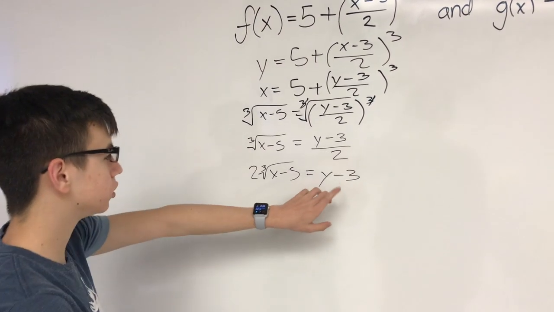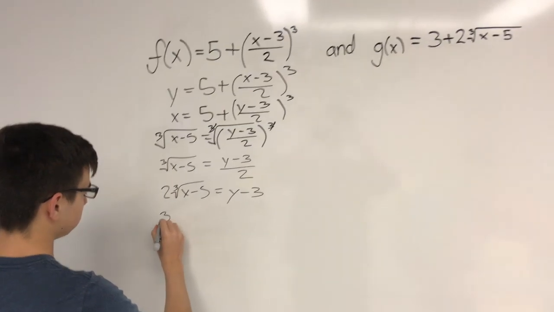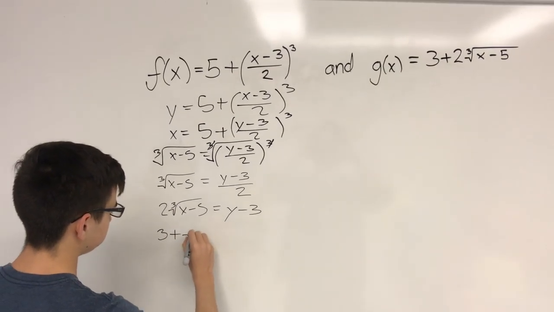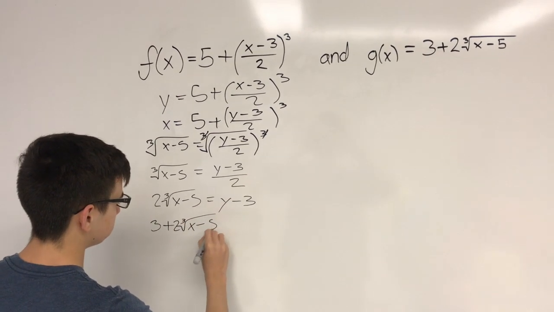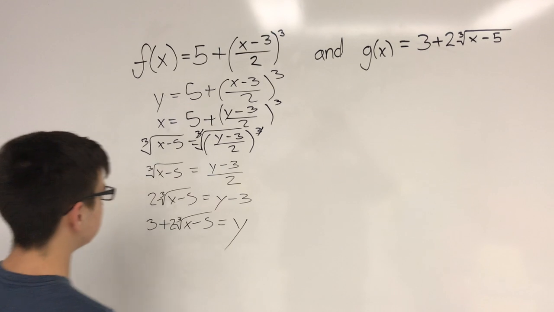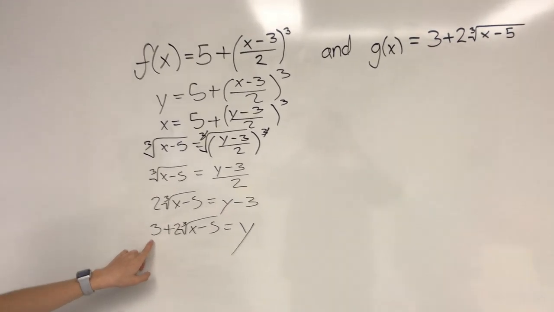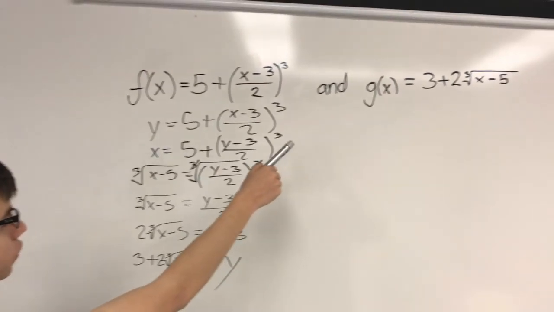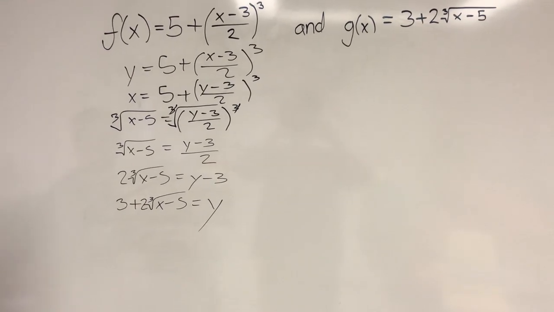And then you pass the 3 adding. So as you can see, this and g of x are the same. So yes, they are inverse functions.